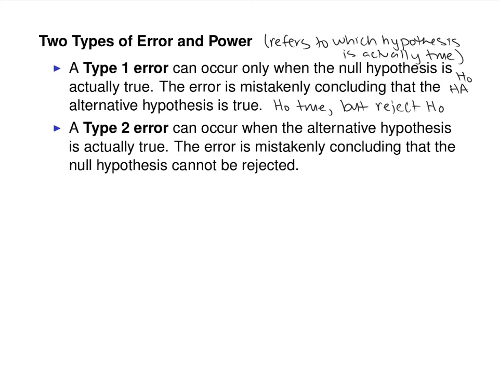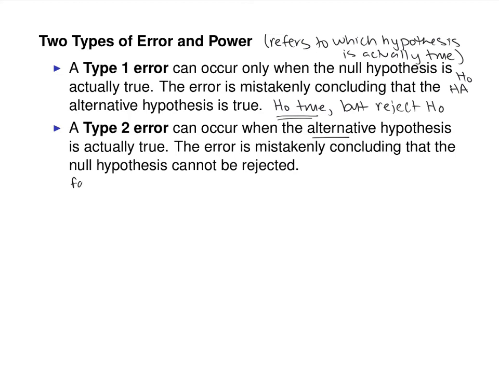A type 2 error is the kind of error where something is actually true and you conclude the opposite. A type 2 error can occur when the alternative hypothesis is actually true, but you mistakenly conclude that the null cannot be rejected.